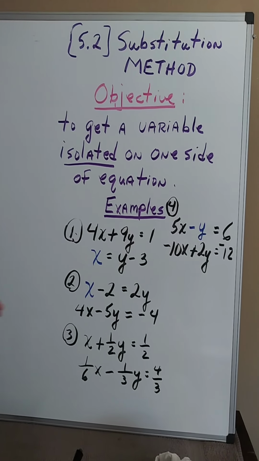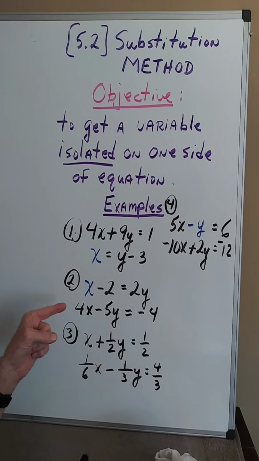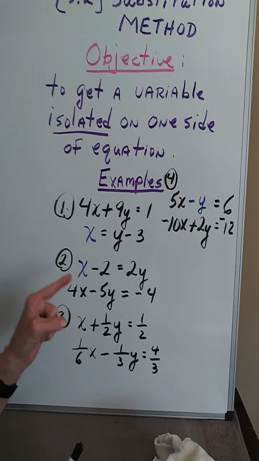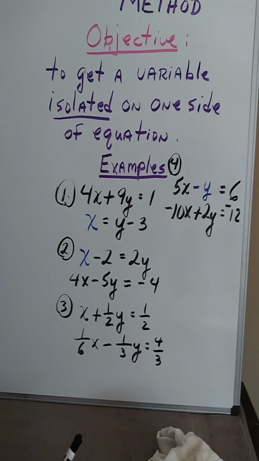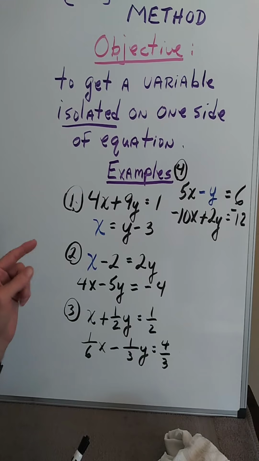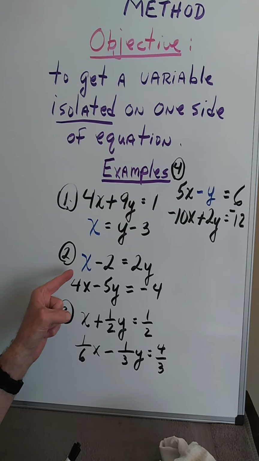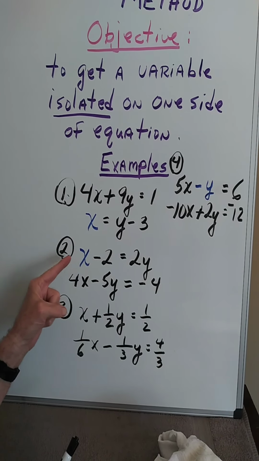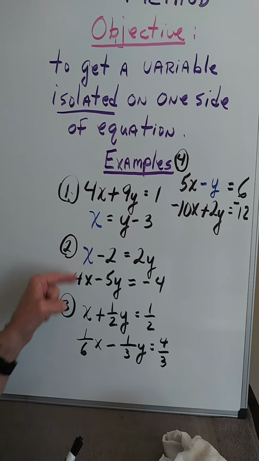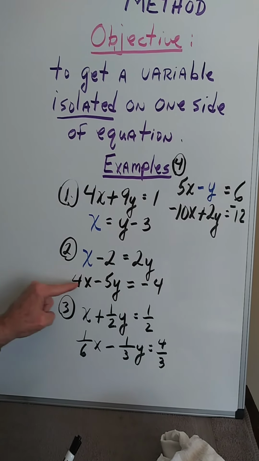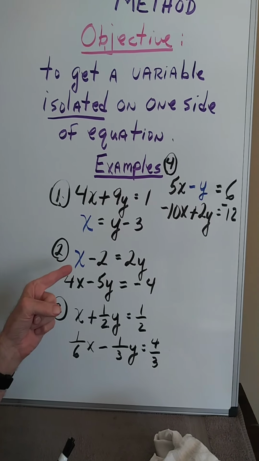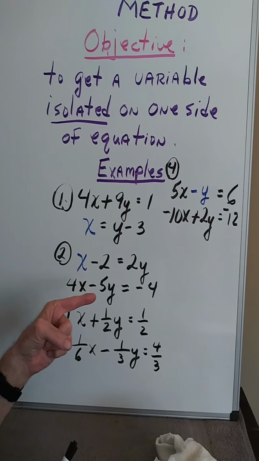The other consideration in terms of substitution is when we're looking at a system where one of the equations has a variable that can be easily isolated. Now on system number 2, forget about the second equation. But if we look at the first equation, it says x minus 2 is equal to 2y.